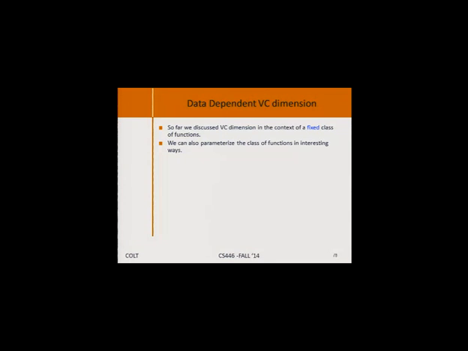And in order to extend it, at least in one important scenario to understanding model selection, we need to be a little bit more subtle, and that has to do with a data-dependent notion of VC dimension.